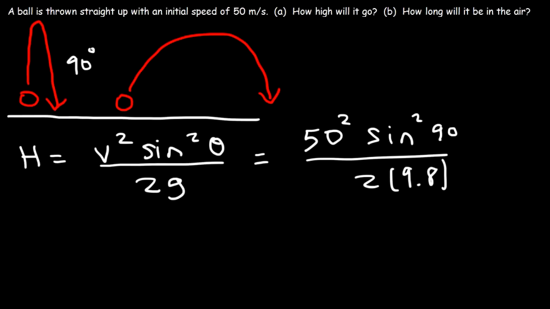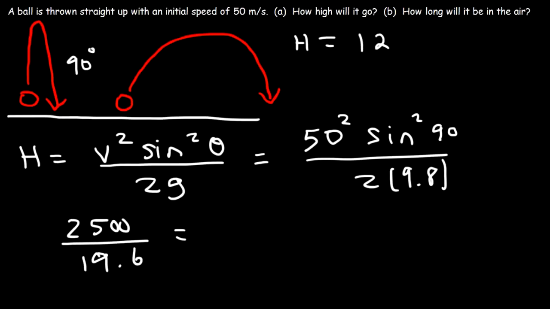Sine 90 is 1. 1 squared is still 1. 50 squared is 2500. 5 times 5 is 25, and just add the 2 zeros. 2 times 9.8 is 19.6. So now, all we need to do is just divide these two numbers. And so the maximum height attained by the ball is 127.55 meters.